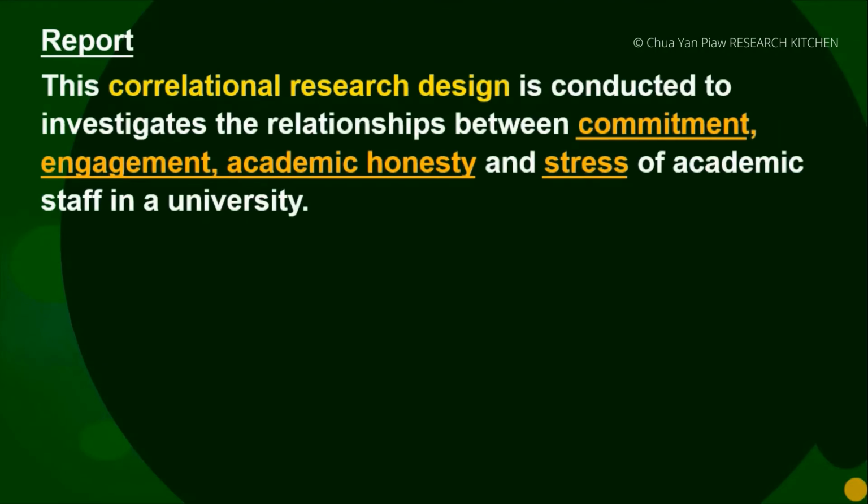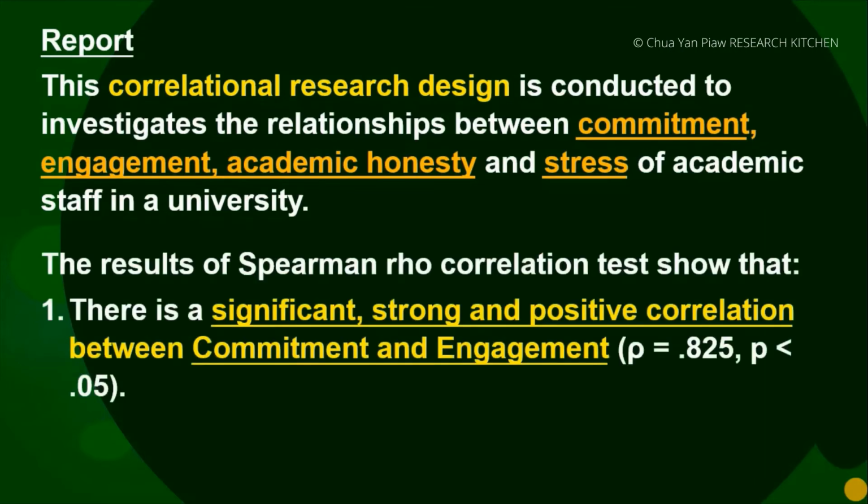This correlational research design is conducted to investigate the relationship between commitment, engagement, academic honesty, and stress of academic staff in a university. The result of Spearman Rho correlation test show that there is a significant, strong, and positive correlation between commitment and engagement. Rho equal to 0.825, p less than 0.05.